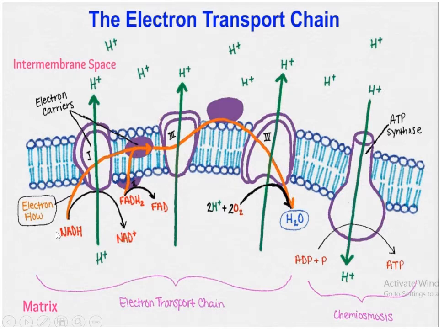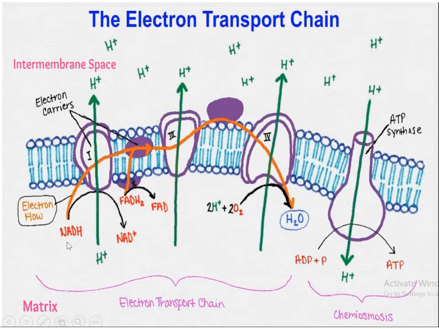When the electron enters complex 1, complex 1 gets supercharged. When complex 1 is supercharged, it has the energy to pump protons from the mitochondrial matrix into the intermembrane space.